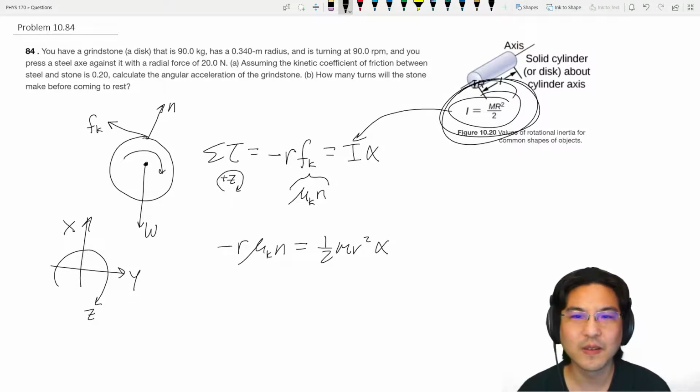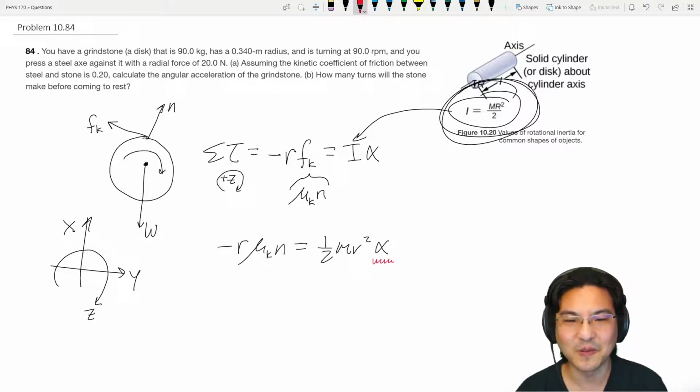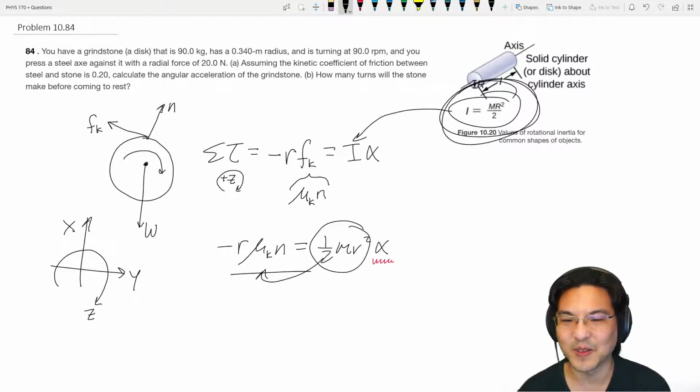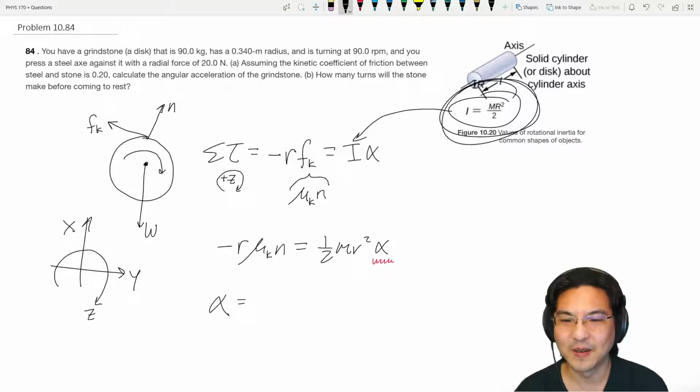We're trying to solve for the angular acceleration. We know pretty much all of this. Here's our unknown, so let's move this over into the denominator. So alpha is minus R mu k N over 1/2 m r squared.